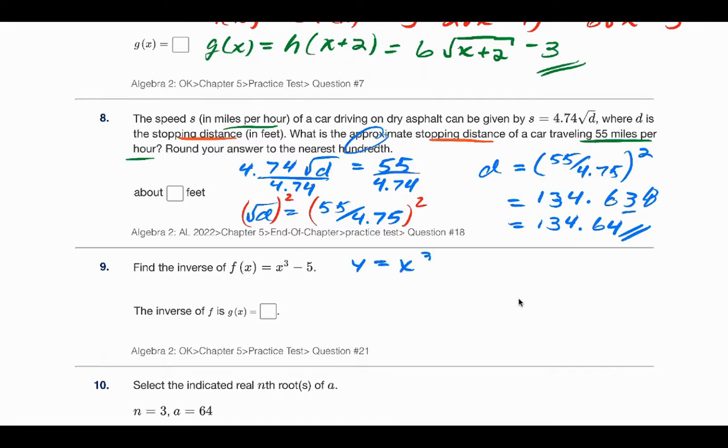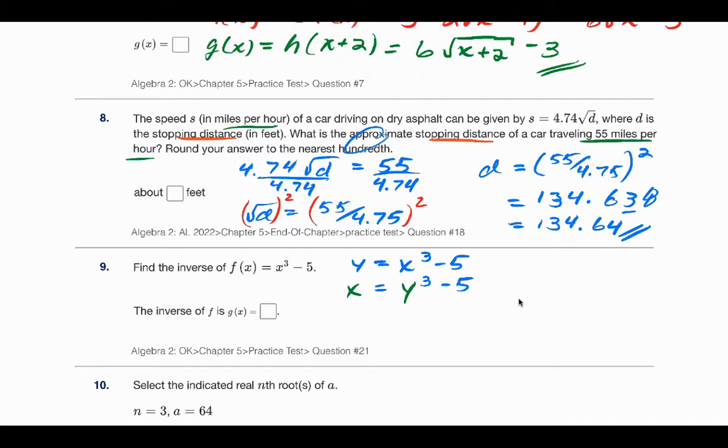So now we're going to do this and say y is equal to x cubed minus 5. The next step that they told you to do is to switch the x and the y. So I'm going to have an x here, and I'm going to have my y here, and we're going to have cubed minus 5. So x is equal to y cubed minus 5.